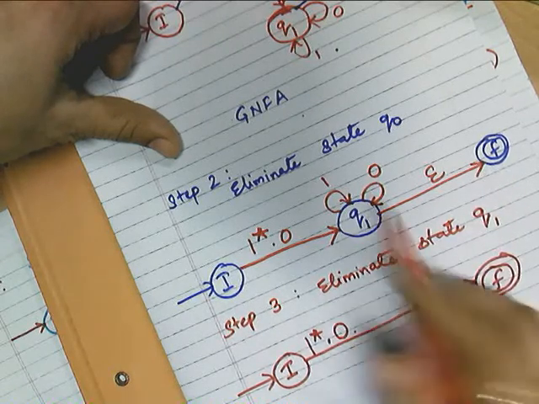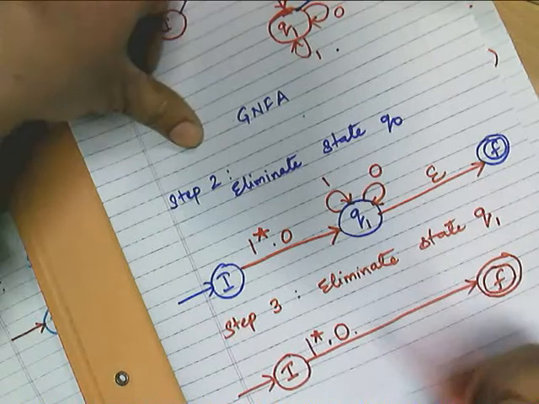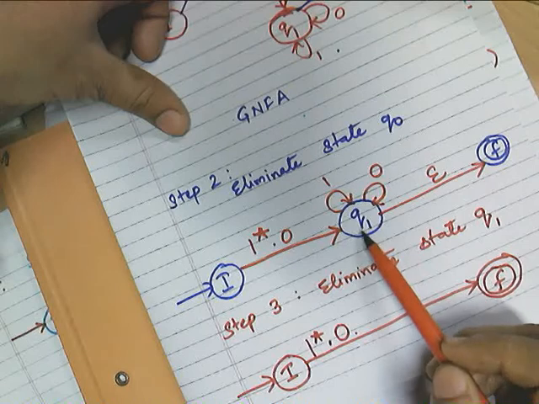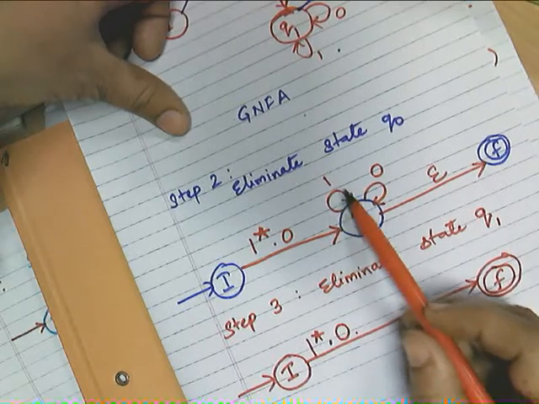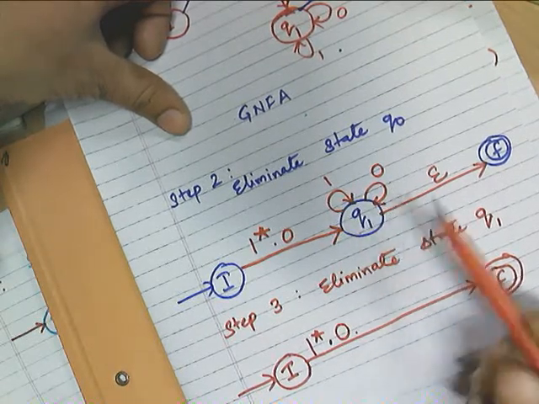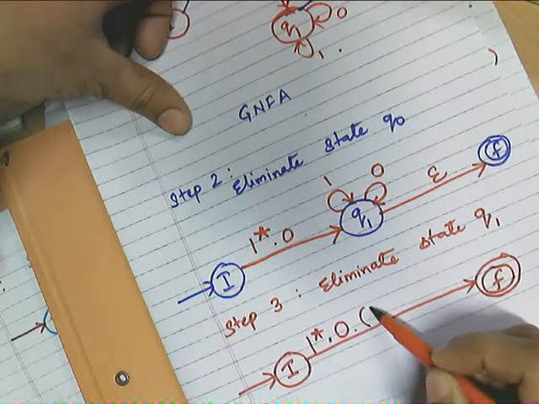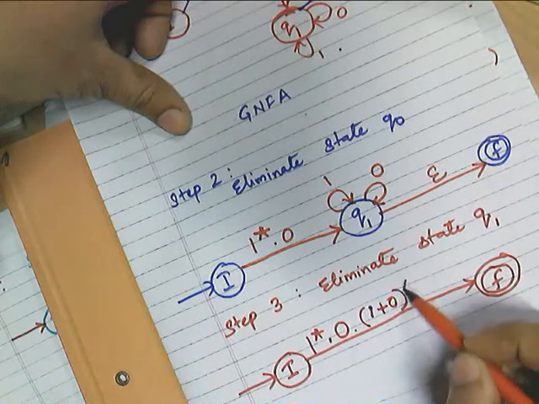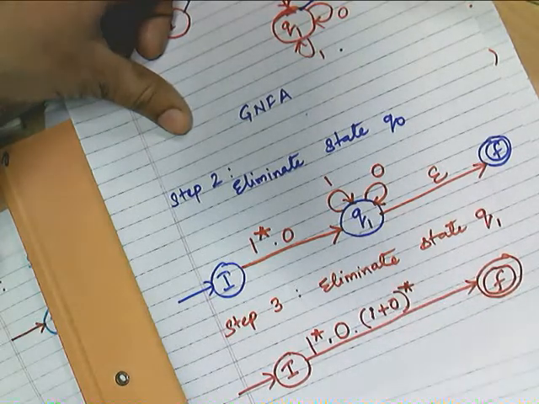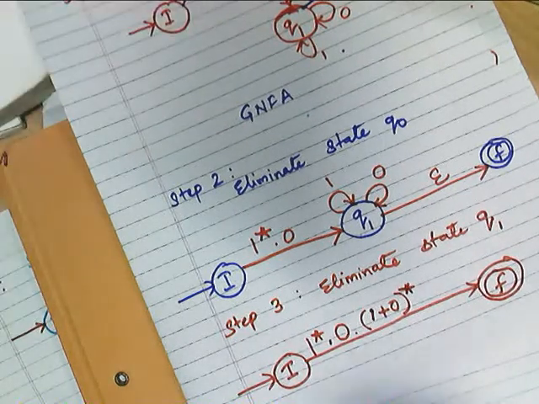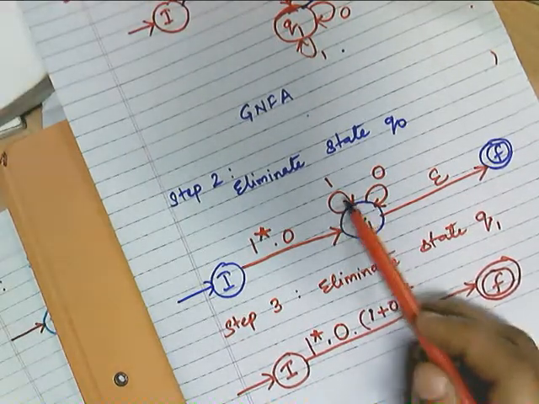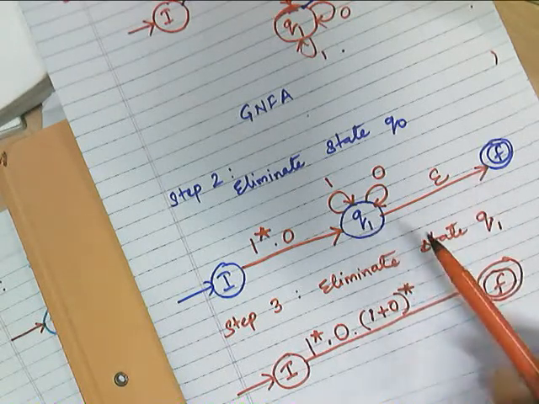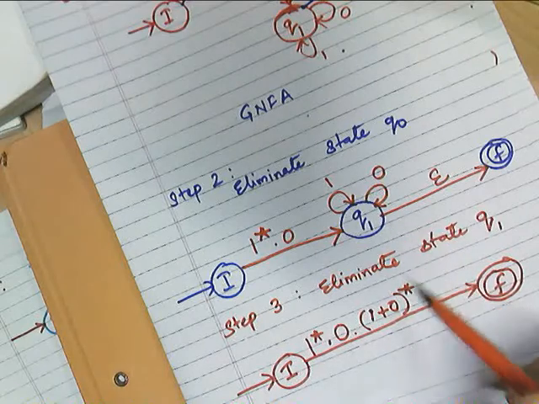If you can recall, whenever such self loops are there, it means I can reach this state either with 1 or 0. And how are we writing the regular expression for this? Either with 1 or 0, I can reach the same state. This is one way to write it. You can even write 1 star dot 0 star, that is also okay. 1 star plus 0 star whole star will also be one way.